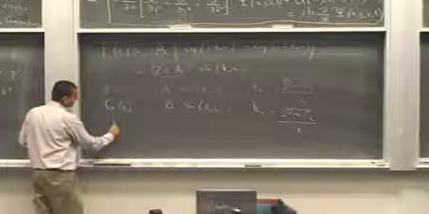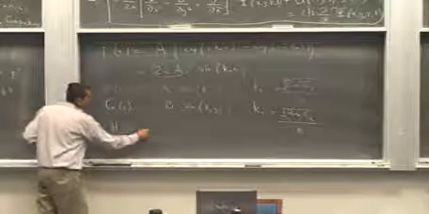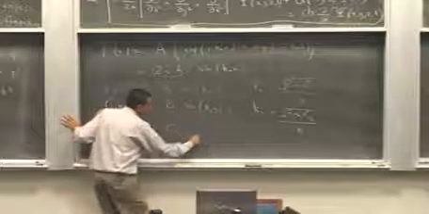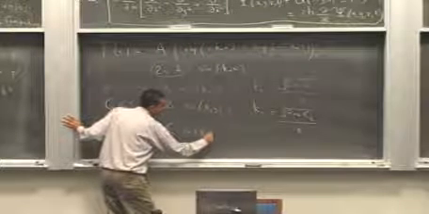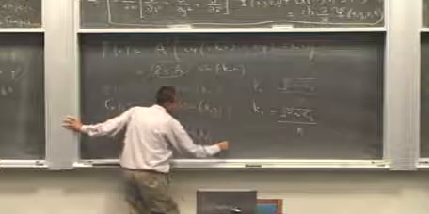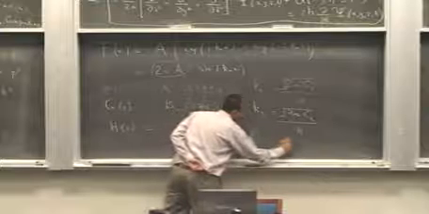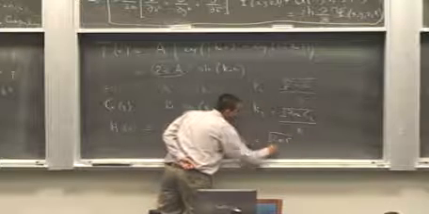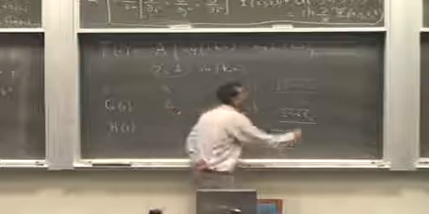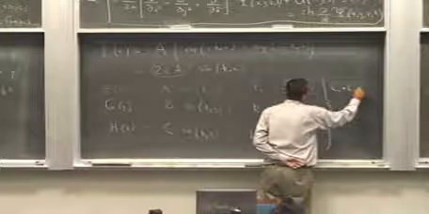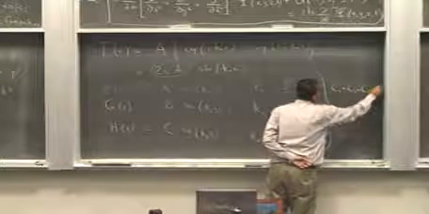Likewise, h of z is some other constant c sine of kz z, where kz is 2m c3 over h bar, and the additional constraint that c1 plus c2 plus c3 must be equal to E.